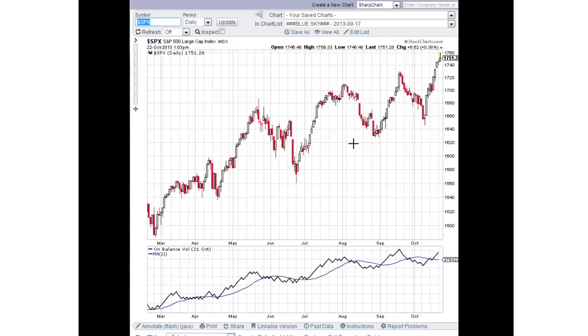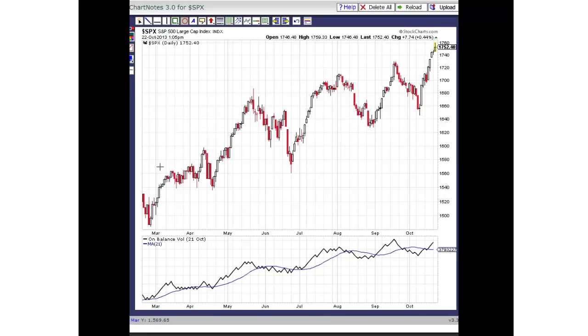Let me show you what that looks like. So here we have this period of consolidation after a nice little run higher, and then we have a little thrust of price higher, and I'm wondering, do I want to buy that breakout? I look down at on-balance volume over that same period, and I see on-balance volume consolidating around the 21-period moving average. That's okay.